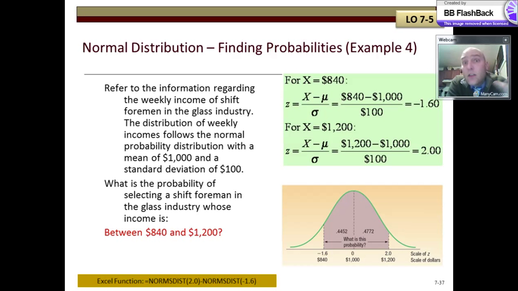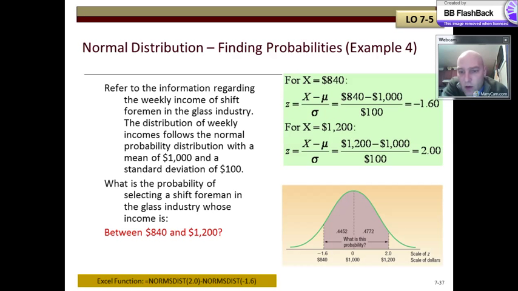Third, we take those z-scores and convert them to areas. The z-score here is going to the table and looking up 2.0. When I look up 2.00 in my z-table, I get an area of 0.4772. If I look up negative 1.6 in my z-table, I won't find it because it's only positive numbers. Lucky for me, it's symmetrical. I'm just going to look up 1.6.